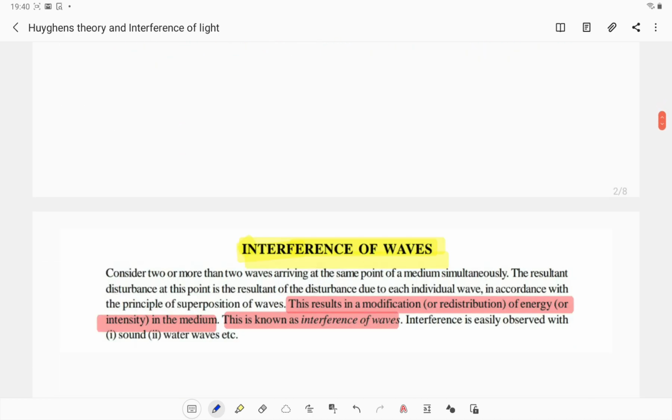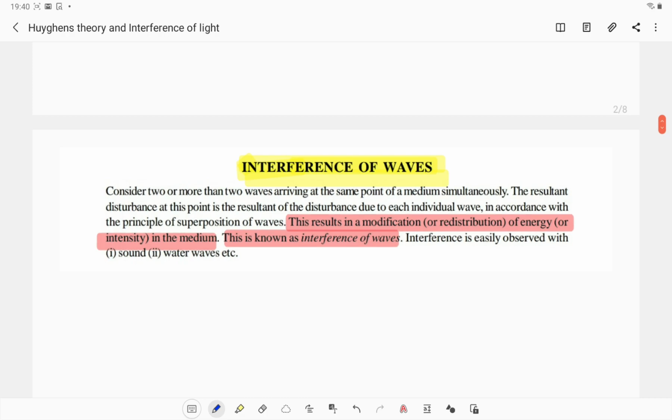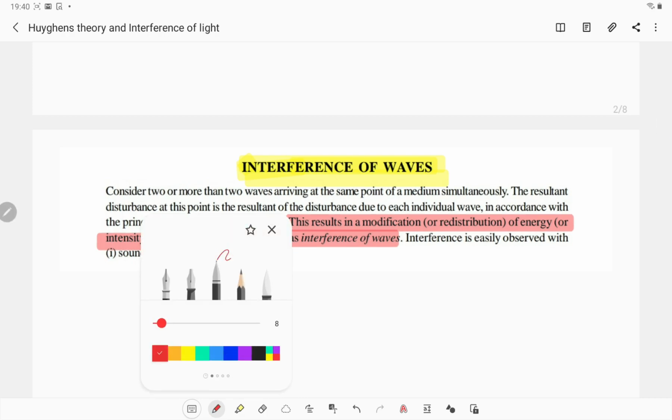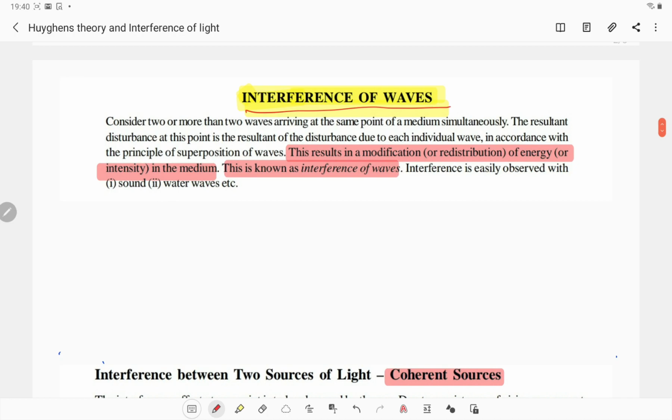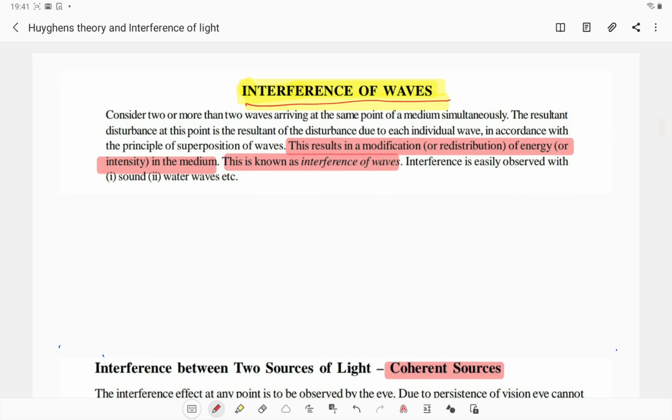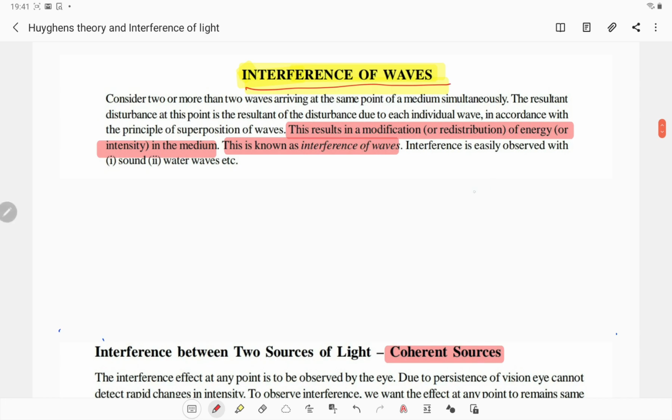Next, we can move to interference of waves. See here, what is interference of waves? See here, this is the source S1, source S2.